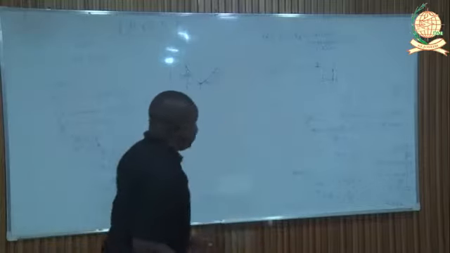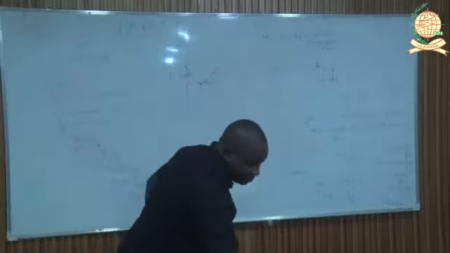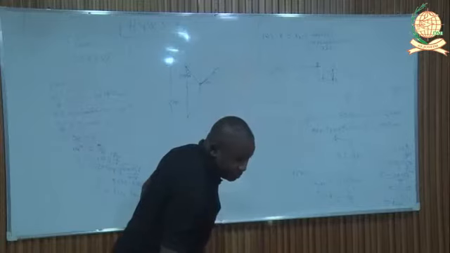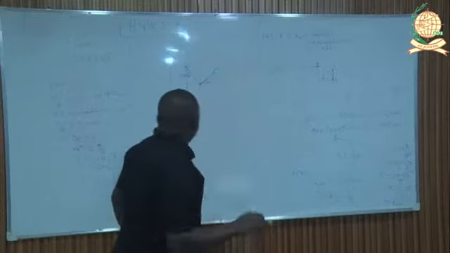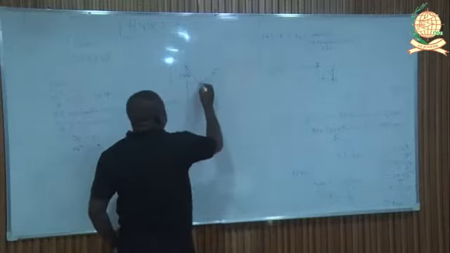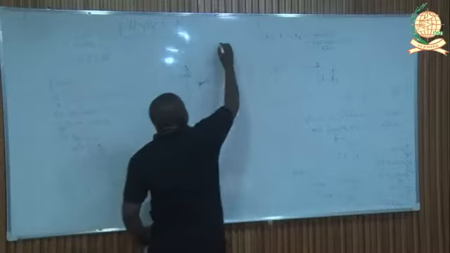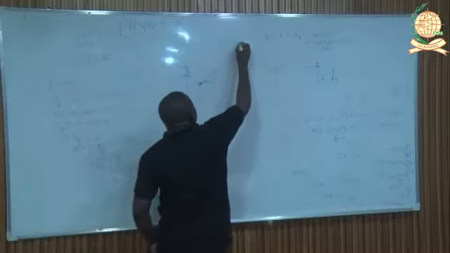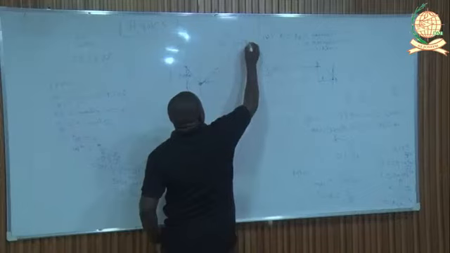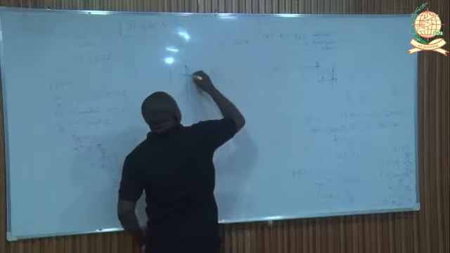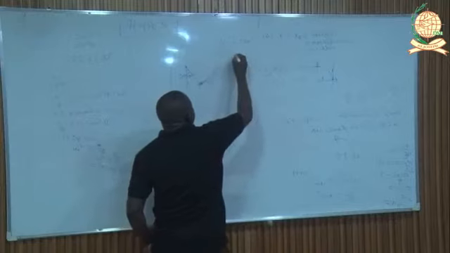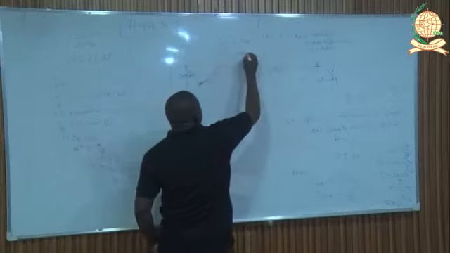Then, what are the questions? We have been given the mass of this particle to be 0.5 kilogram. The tension in the string T is equal to 700 Newton.